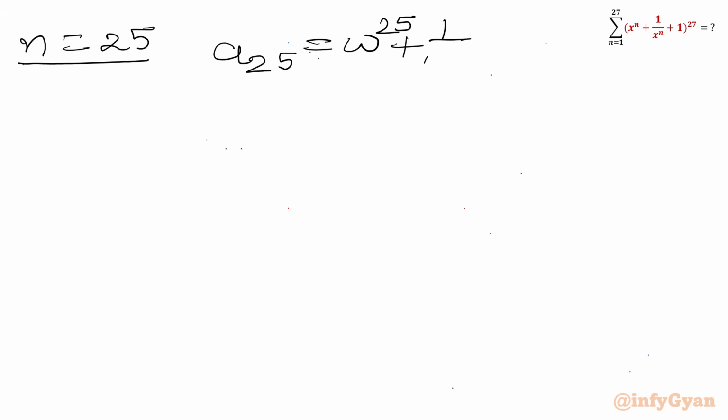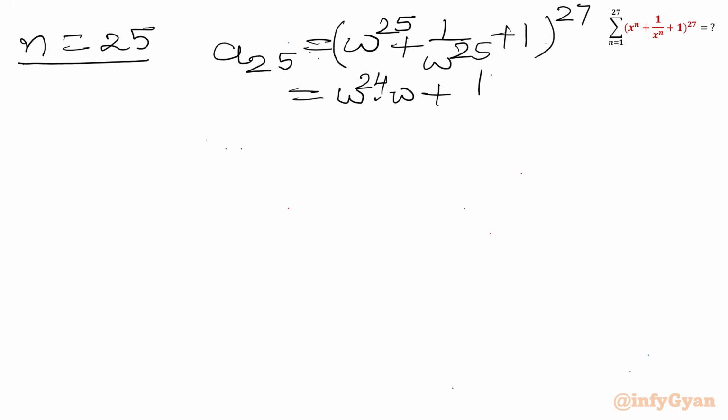Now I will put n equal to 25, the second last value. So I will get a25. This will be equal to (omega 25 plus 1 over omega 25 plus 1) whole power 27. Again we can write omega power 25 as omega power 24 times omega, plus 1 over omega power 24 times omega, plus 1, whole power 27.